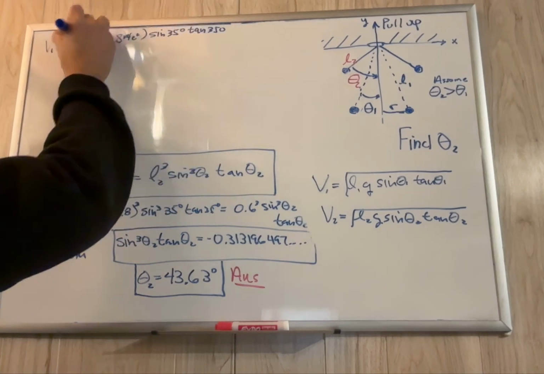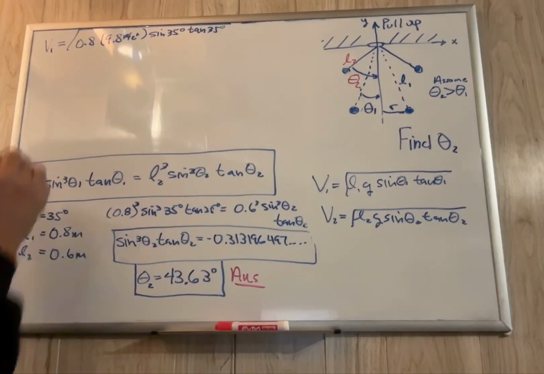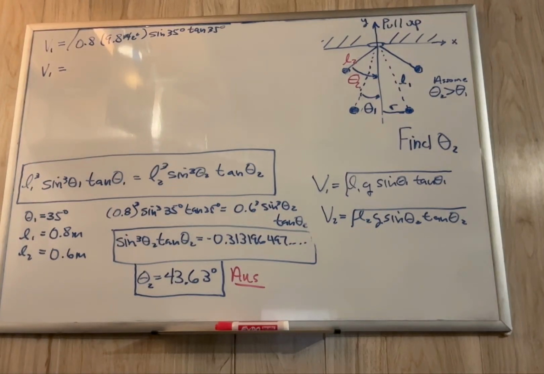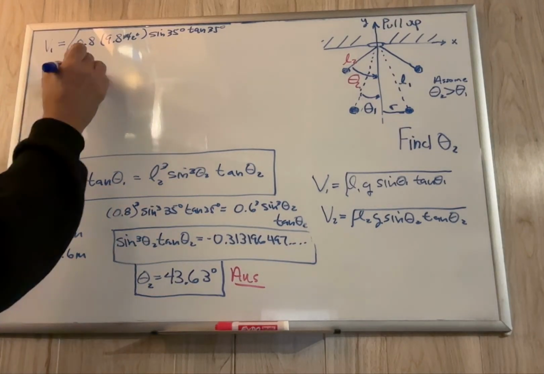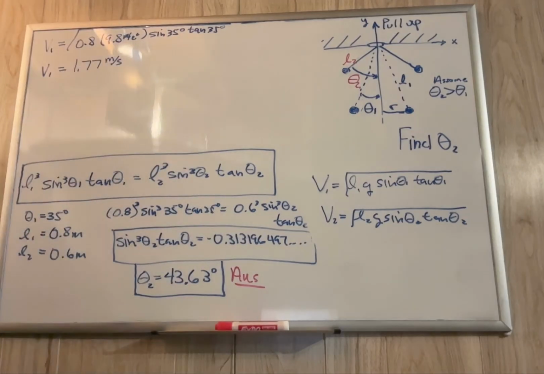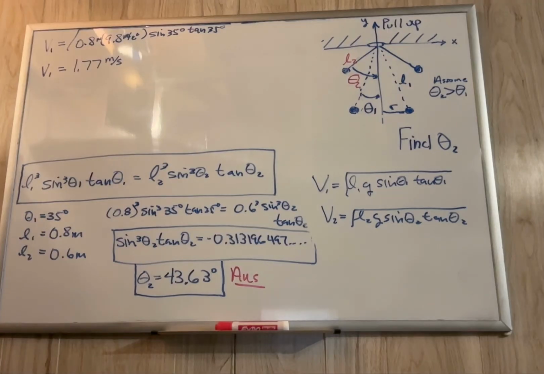That's not 350, that's 35 degrees. After the crunching of the calculator, I came up with 1.77 meters per second. The meters and seconds cancel down to meters per second.